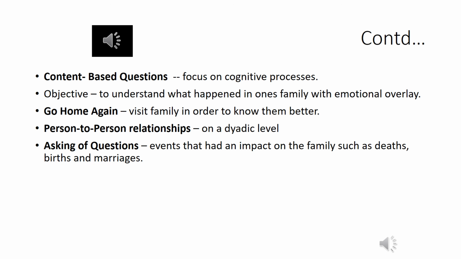Another technique that may be used is go home again. That is, the individual is asked to visit the family in order to know those aspects of which they are not aware, and in order to rebuild their relationships.